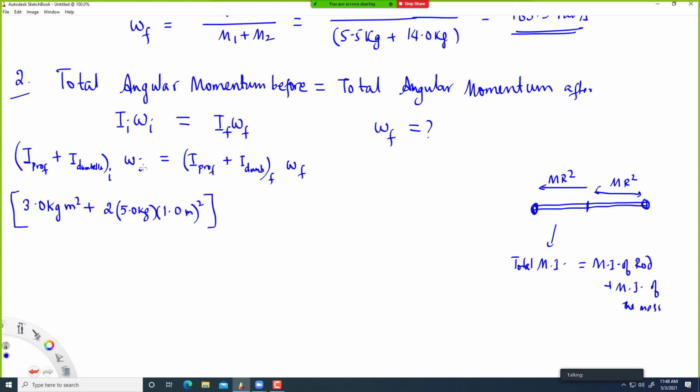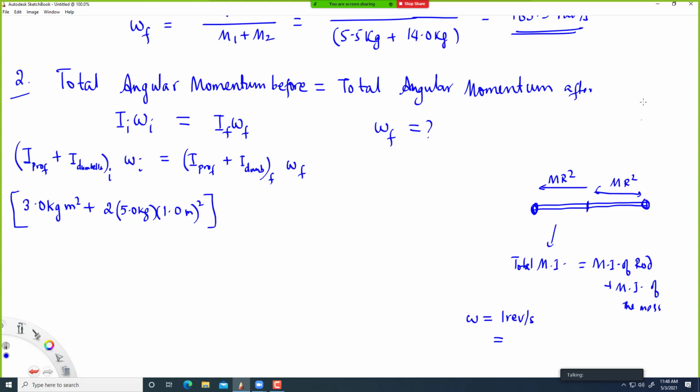And what's omega I? If you read the question, the second sentence, he is set rotating about the vertical axis, making 1 revolution. In 1 revolution, what's the angle made by the person?